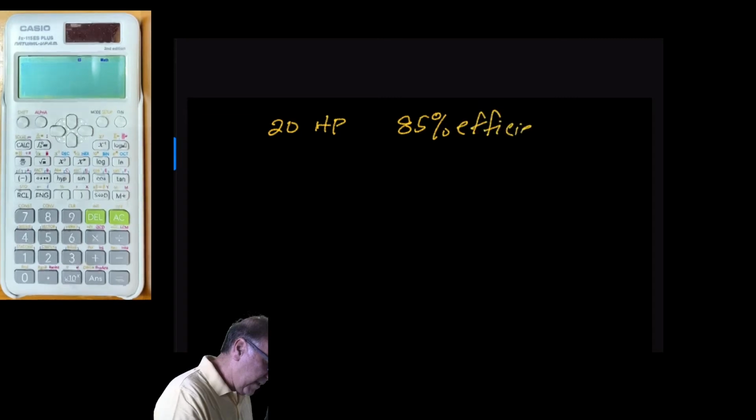Suppose we have a 20 horsepower motor that's 85% efficient. We want to find the input power.